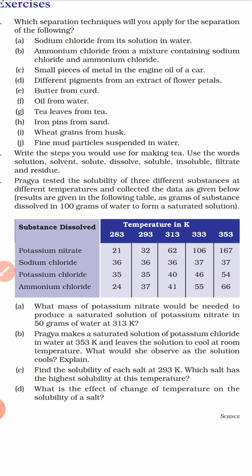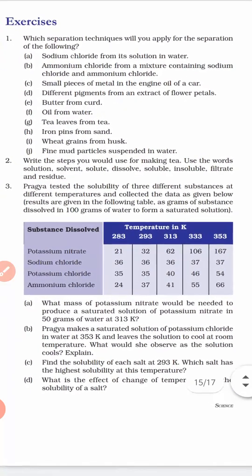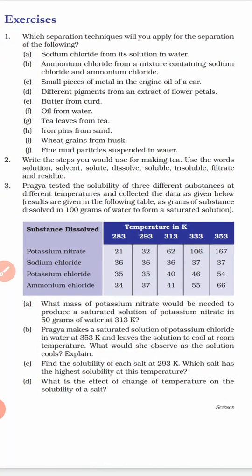The next one, number 3. Here a table is given, and in this table, at different temperatures, 283, 293, 313, 333, 353, all given in the Kelvin scale, the solubility of compounds is written, like potassium nitrate 21 at 283 Kelvin, 32 at 293. What is the meaning of this 21, 32?